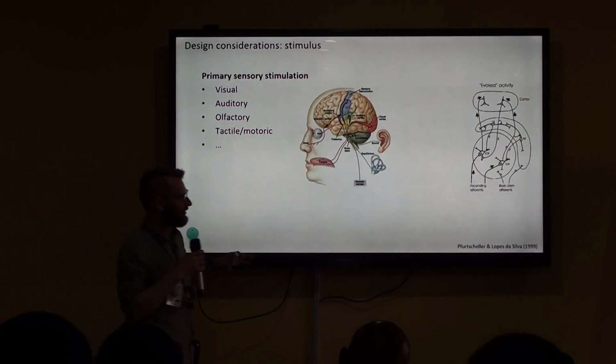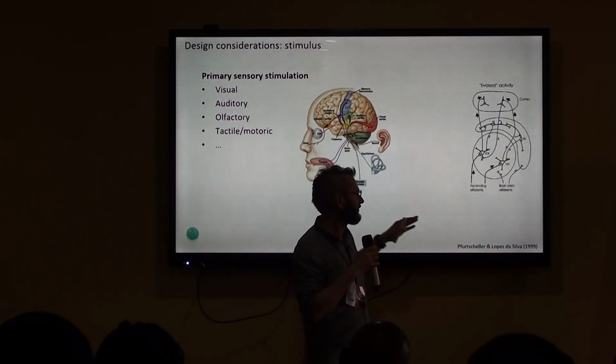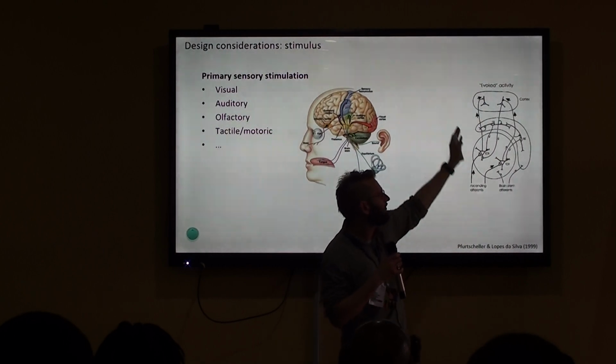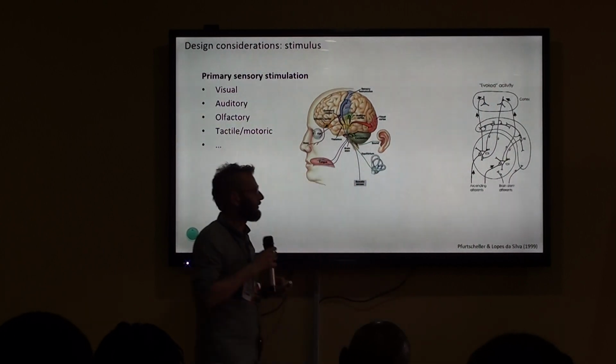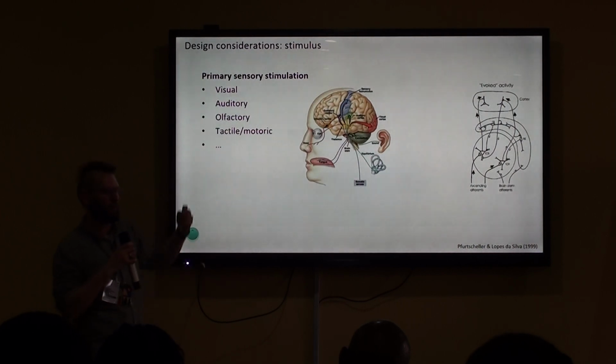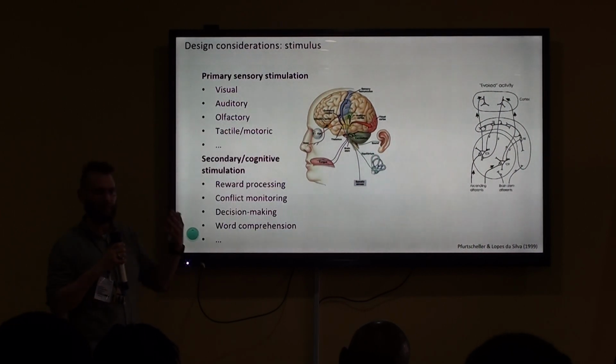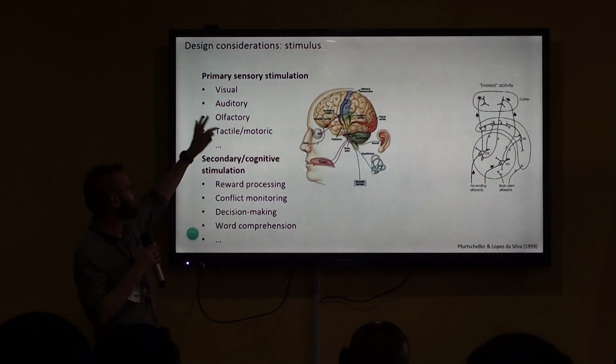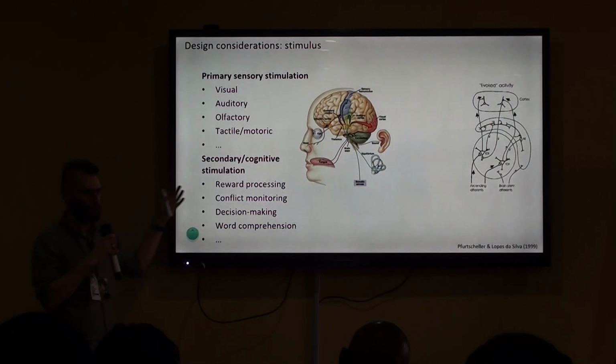I showed you this earlier as well, where we have a strong ascending drive that would reach the cortex. But we could also have responses that are not directly caused by the stimulus, but are more a secondary property of the stimulus. That could be more towards the cognitive domain.